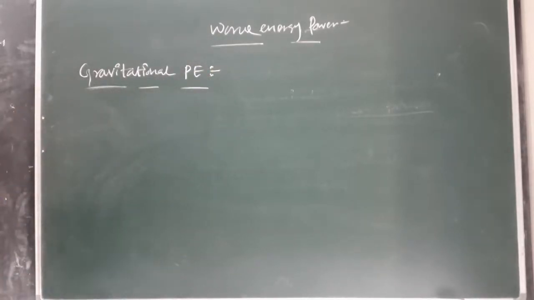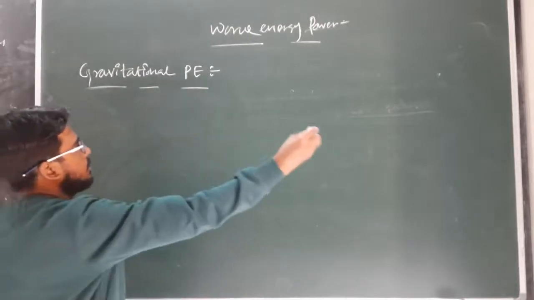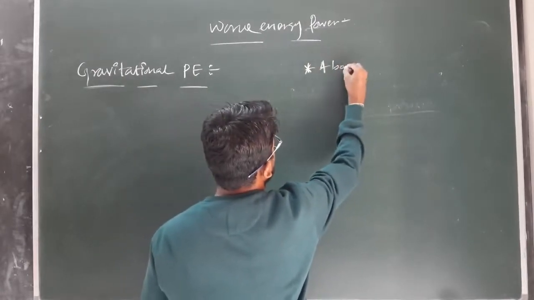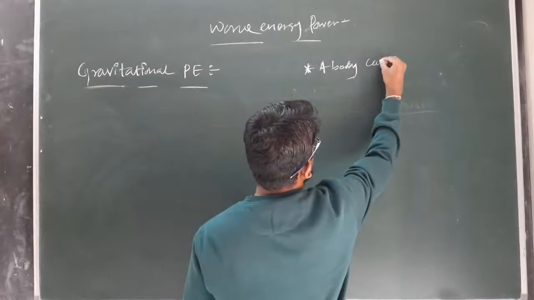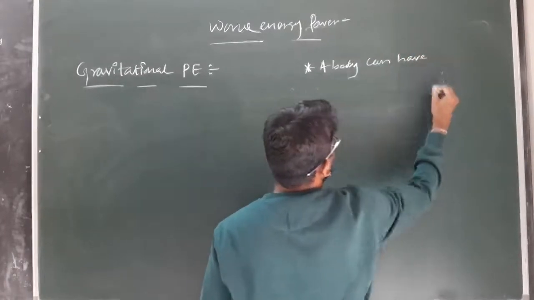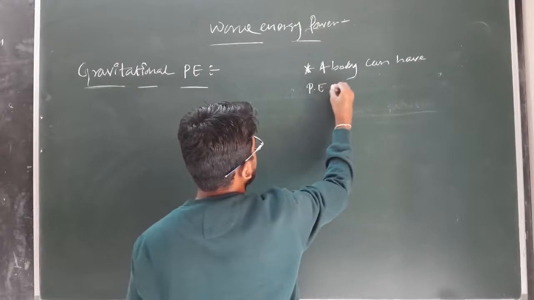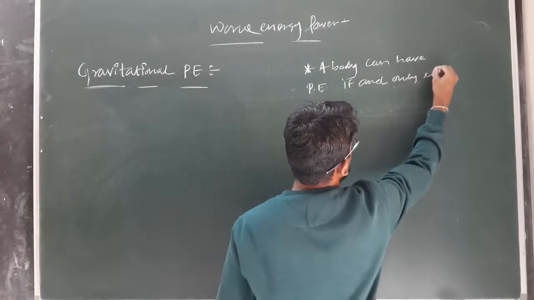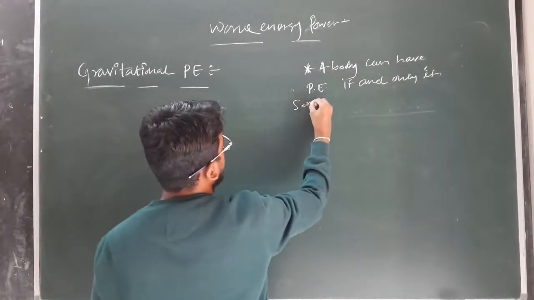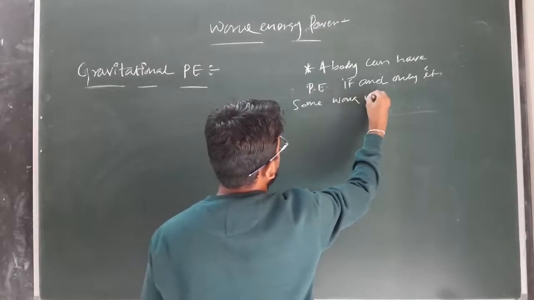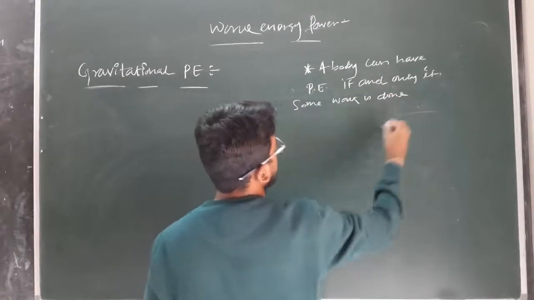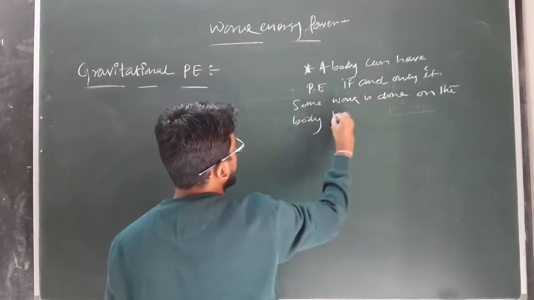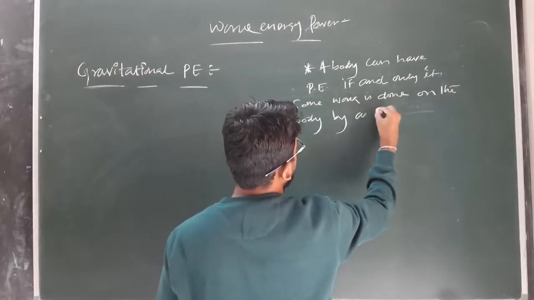So gravitational potential energy. Here you have to remember a point. A body can have potential energy if and only if some work is done on the body by a conservative force.